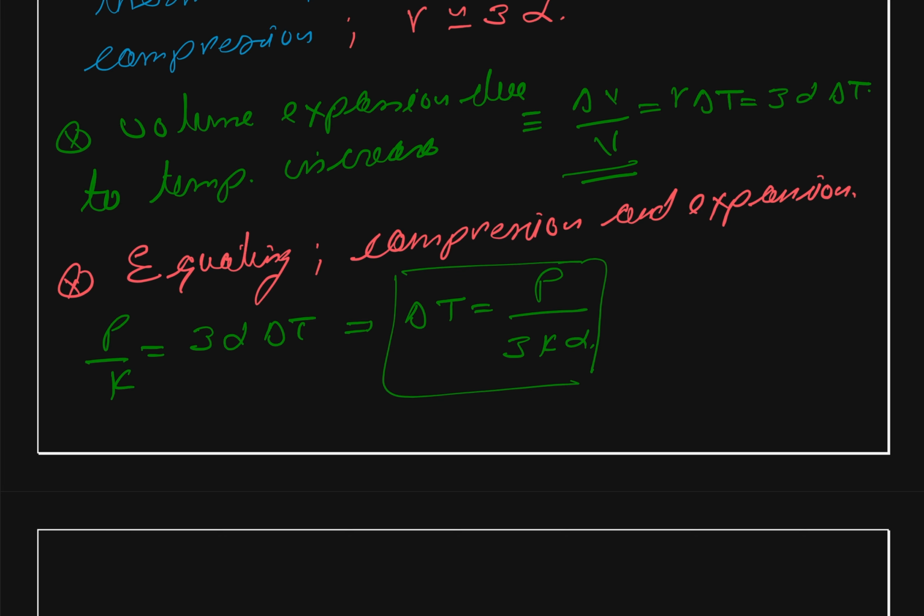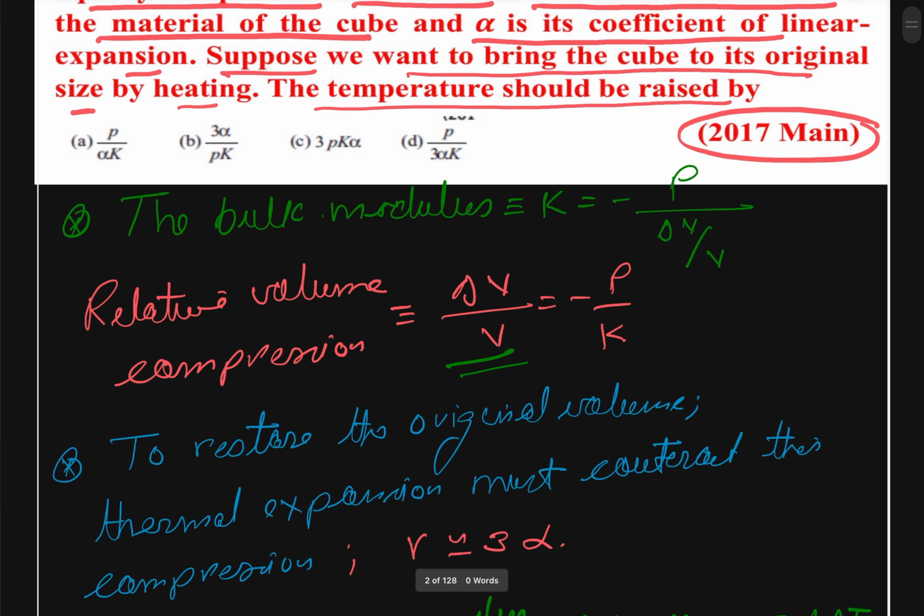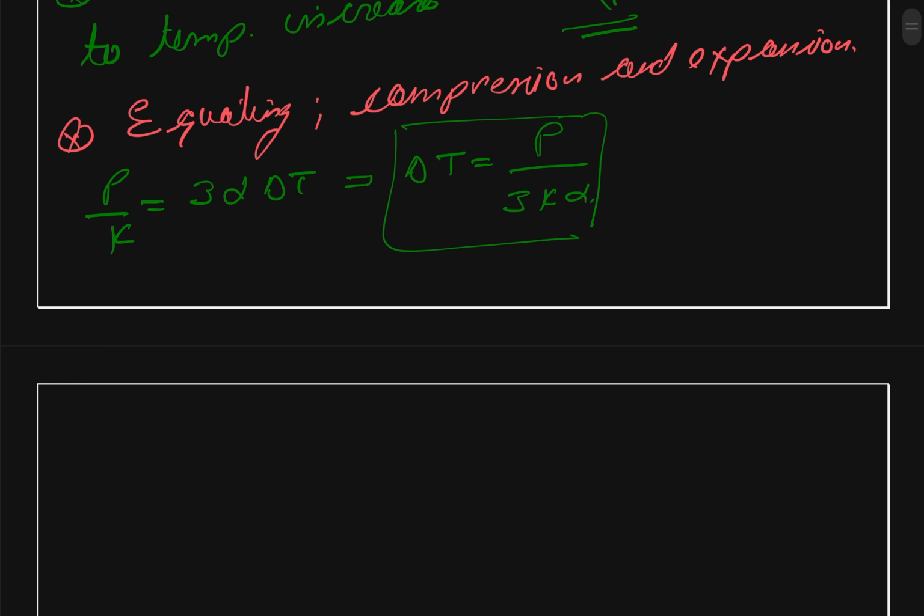So this should be our rise in temperature. Okay. So we get P upon 3K alpha. Option D is correct.